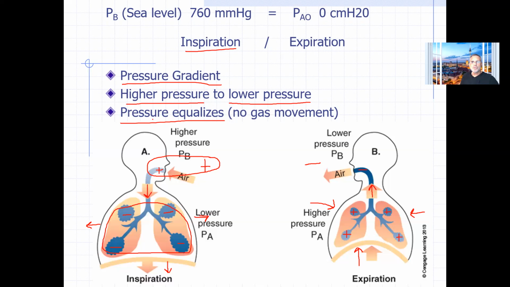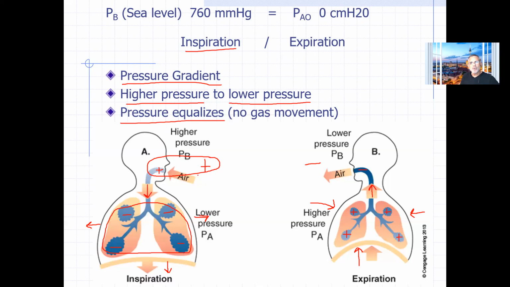We're going to put this into practice soon when we meet and look at those pressures, because we haven't even talked about what all those pressures are at any given time. Right now we're just looking at the relationship: which pressure is higher at any given point?